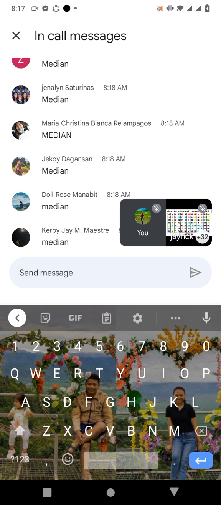Very good. Now, to prove that you have really seen this word, what color does each of the letters of the word median have? What are the colors? You better send your answer.